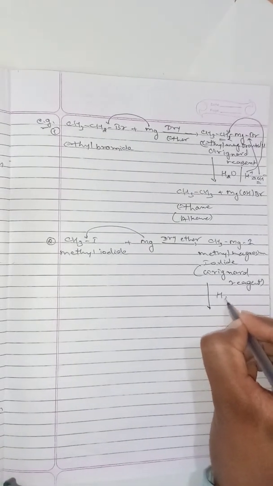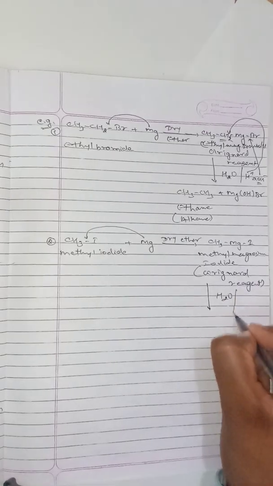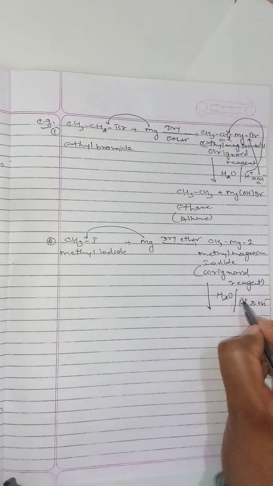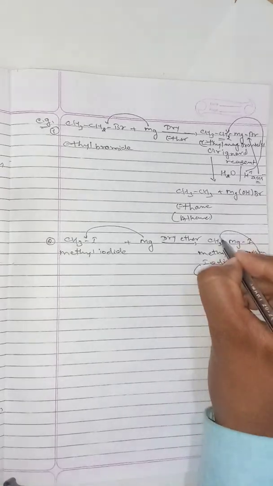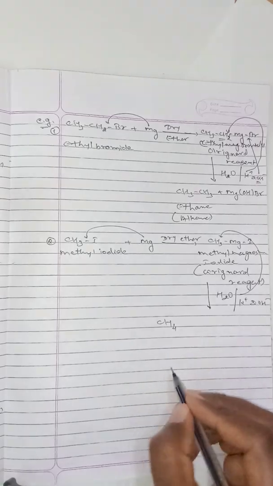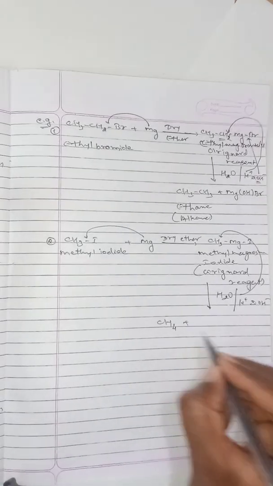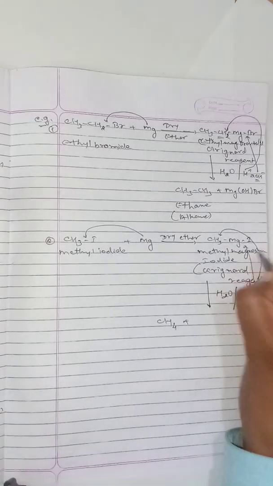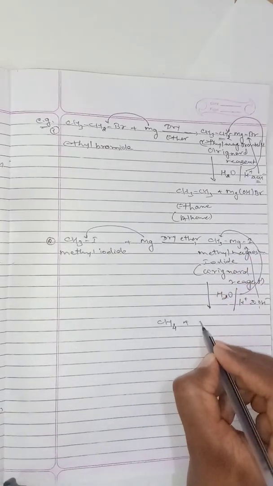Further react with water molecule H plus and OH minus. This H plus is added to methyl, we get methane, and this hydroxyl is added to magnesium iodide, MgOHI.